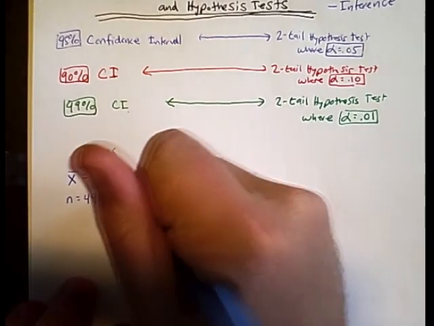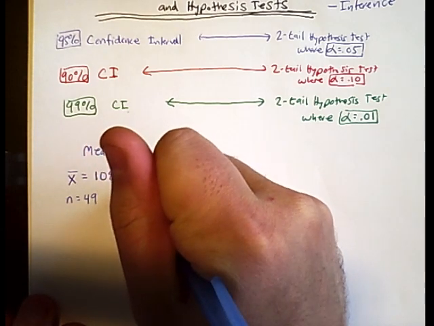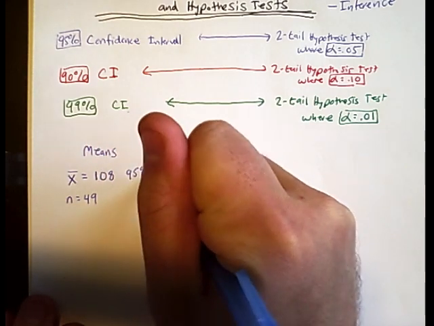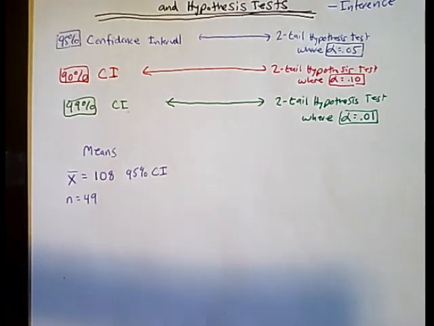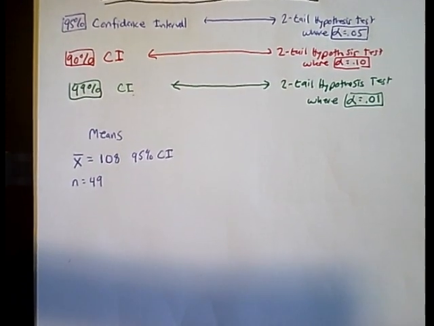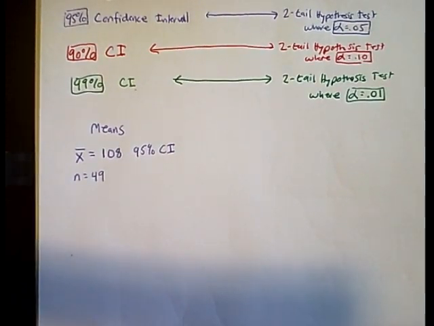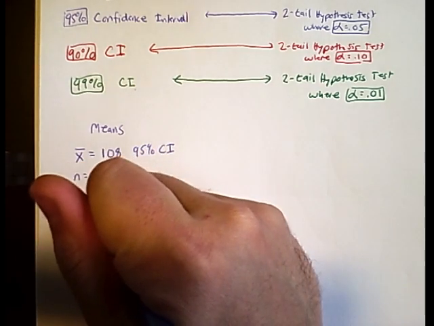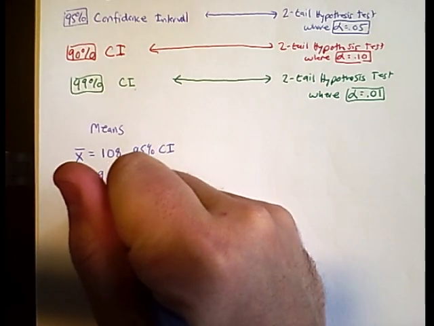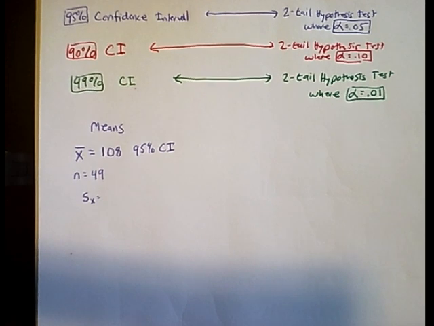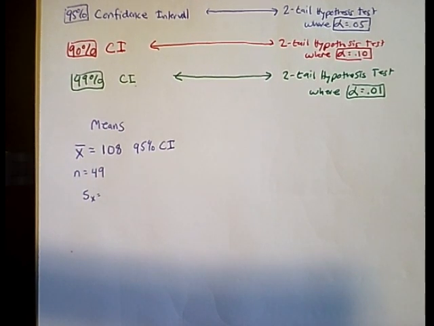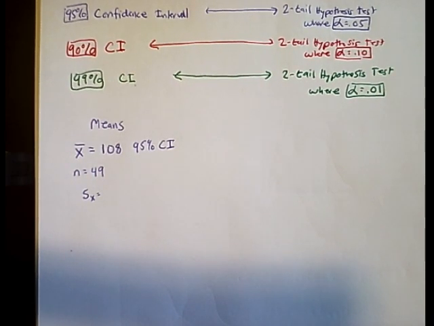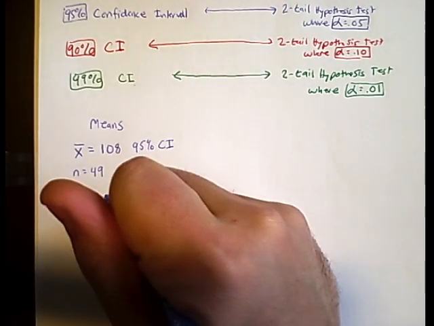Let's say I want to construct a 95% confidence interval for that, and let's suppose that the standard deviation is maybe 5 points.